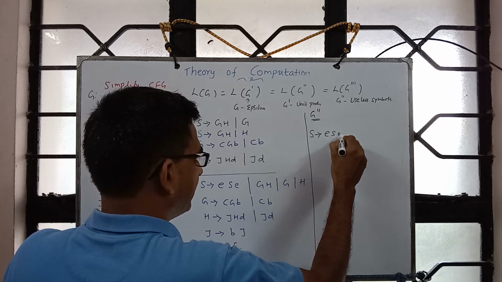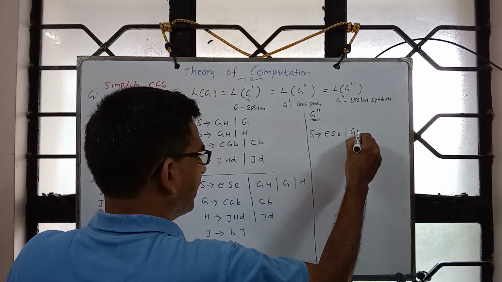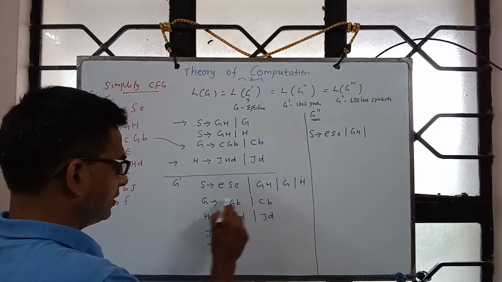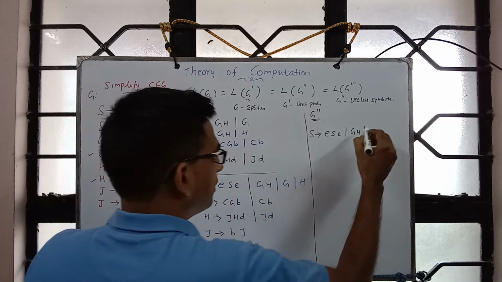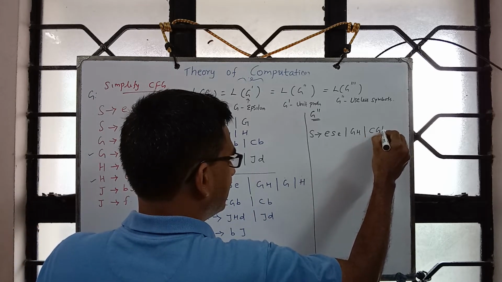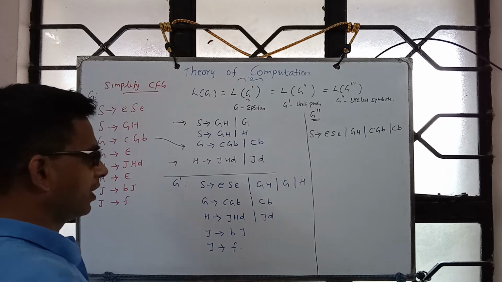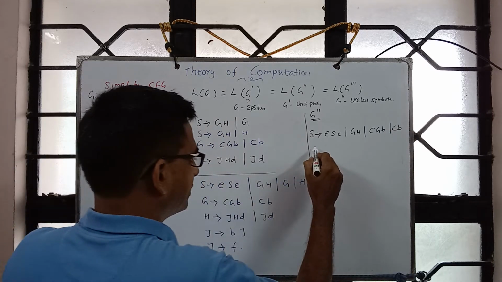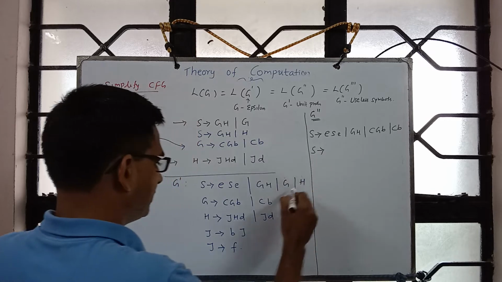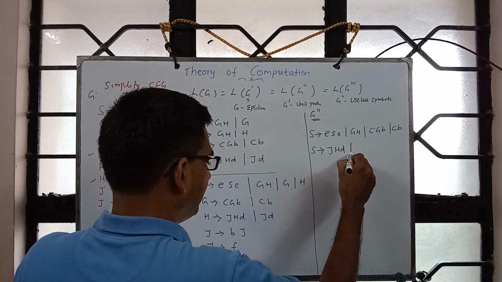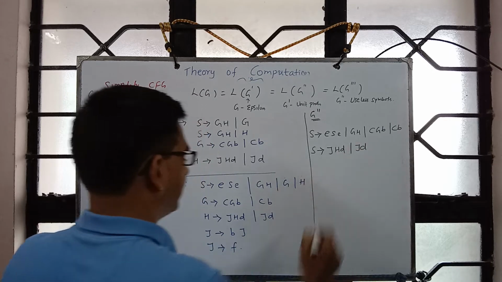So S implies ESE, GH, and S implies G, G implies CGB or CB, or we get S implies H. So S implies H, H implies JHD or JD.